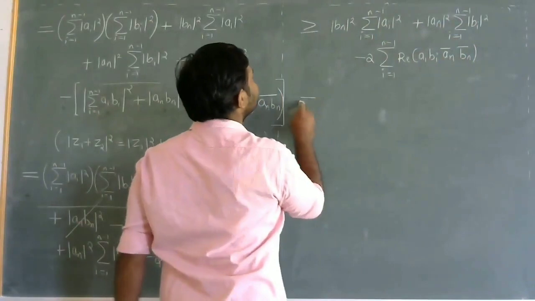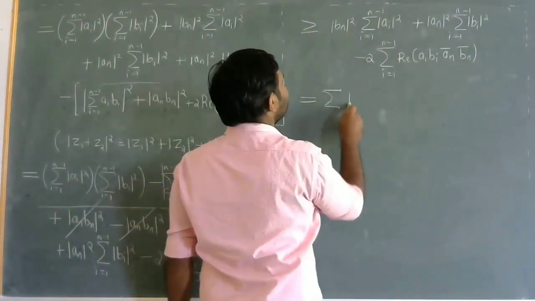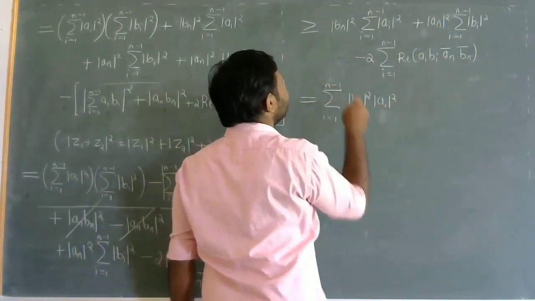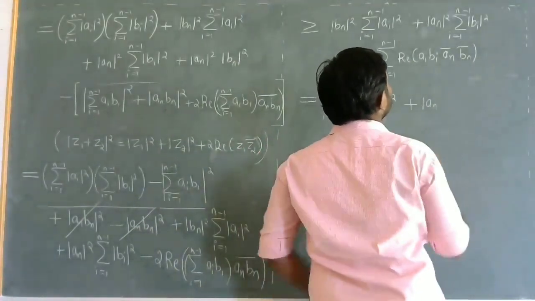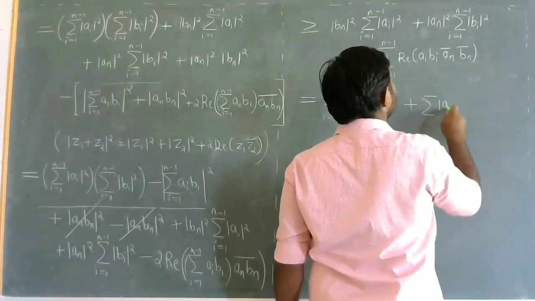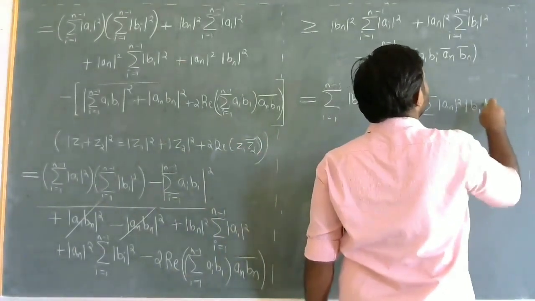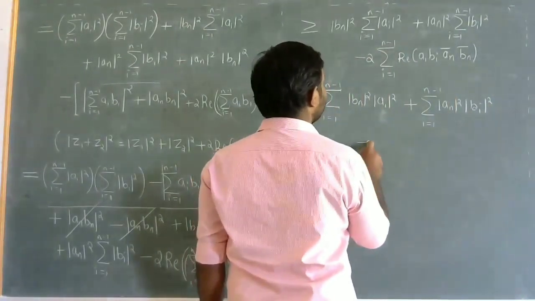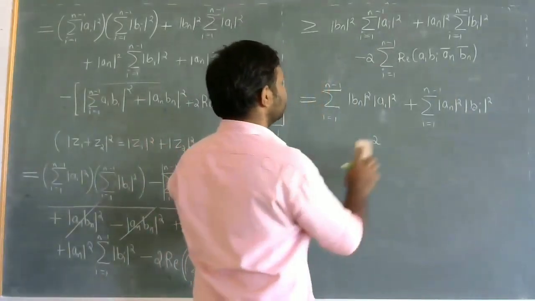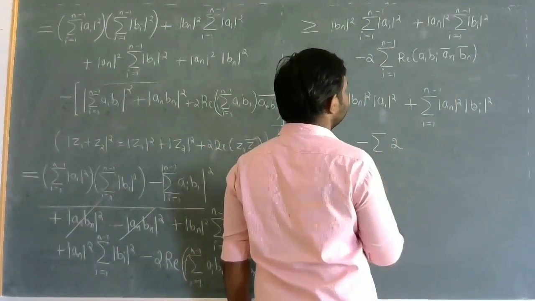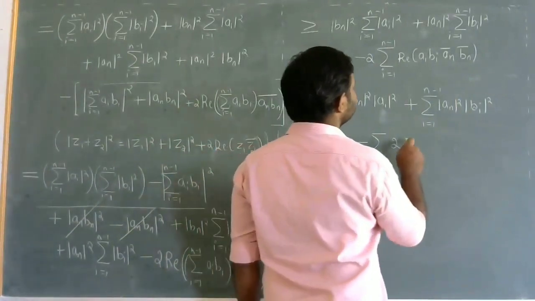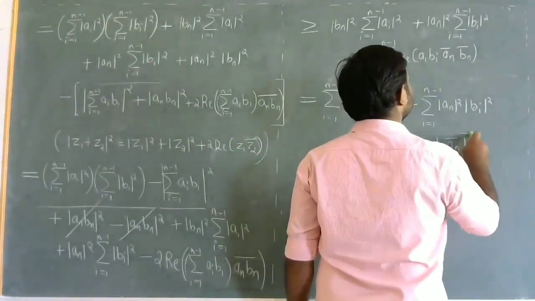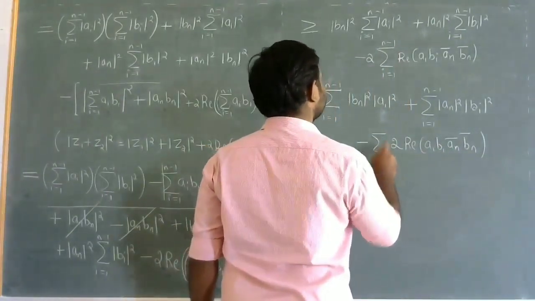Now take this term inside, and minus 2 inside. So taking all that, this step is equal to summation modulus of bn square into modulus of ai square, i running from 1 to n minus 1, plus summation modulus of an square into modulus of bi square, i running from 1 to n minus 1, minus summation 2 into real part of ai bi an bar into bn bar, i running from 1 to n minus 1.